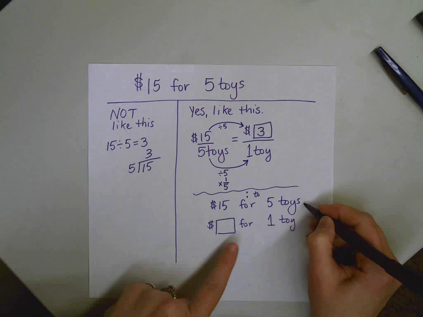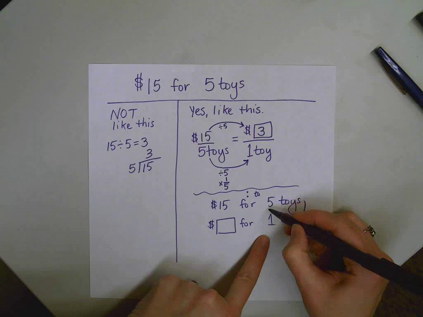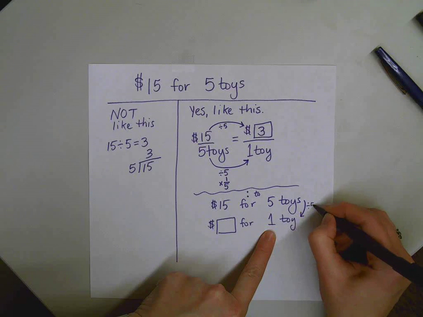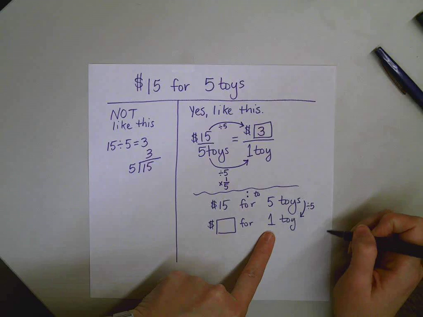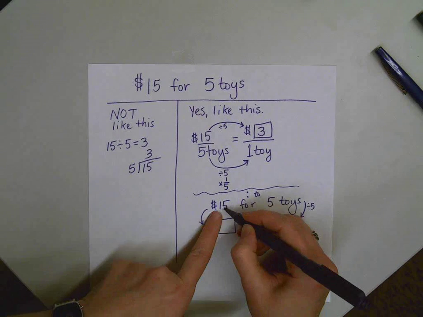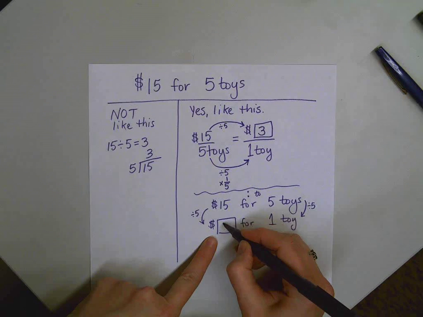So again, just like we did above, we have these 2 values, so we're going from 5 to 1, and that would be through dividing by 5, or as we talked about, also multiplying by 1/5. And over here, 15 divided by that same value is where we get that 3.